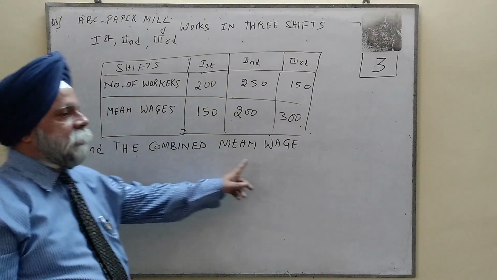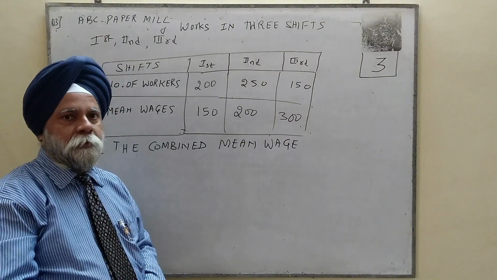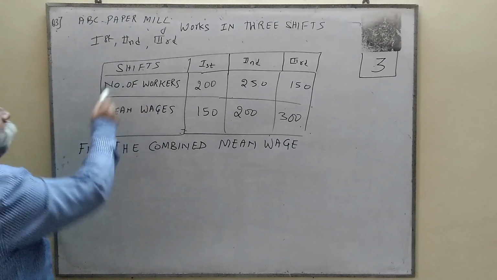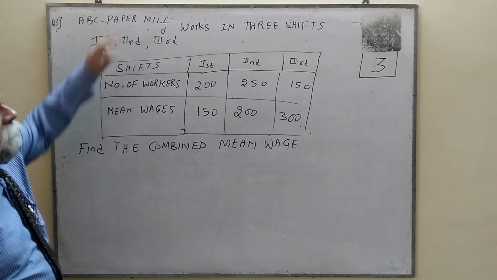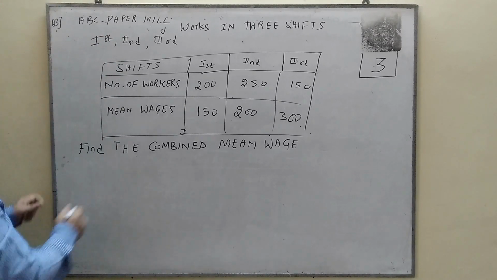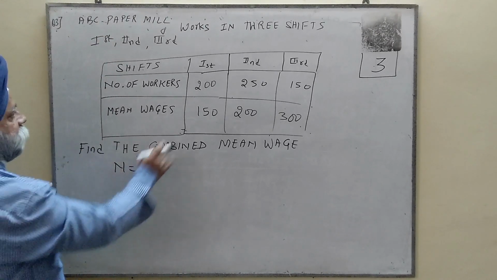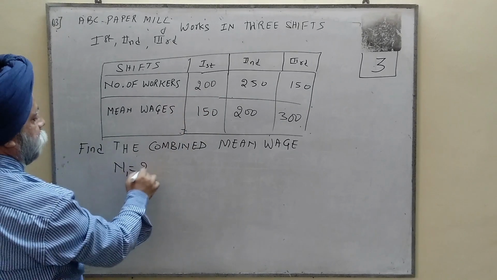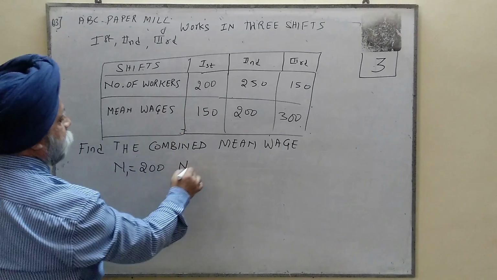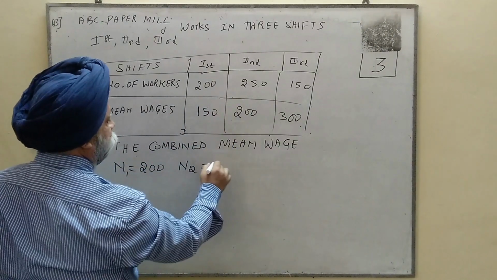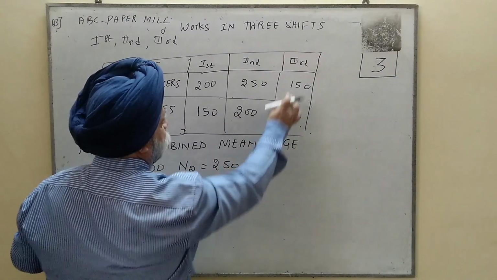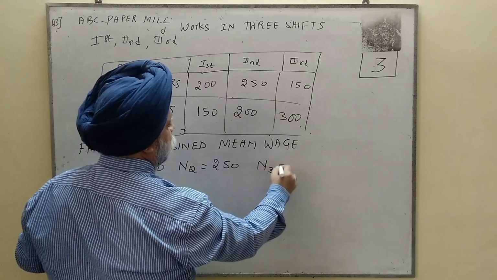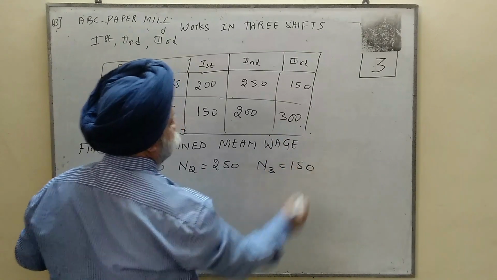Find the combined mean wages. Now here N1 is very easily, you can find out 200. Again N2 is 250, and the number of persons working in the third shift is 150.